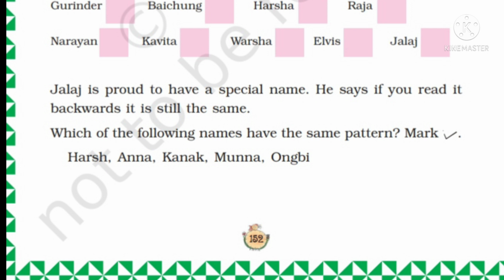Anna, and backwards also Anna. It's a special name. Kanak, backwards Kanak. Special name. Munna, backwards Annum. No, it's not a special name. Ongbi, backwards Ibgno. It is also not a special name. So the special names are Anna and Kanak.